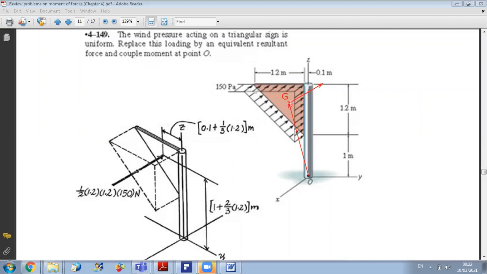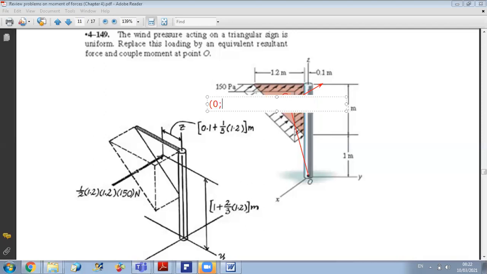Okay, now I just need coordinates, and already I found the location of G, so I need the coordinates of G. First, for point G, it is in the yz plane, so no x component. Okay, and I have already found that this distance from the y-axis, it's equal to 1 plus 2 times 1.2 over 3. So for the coordinates of G, it is 0.